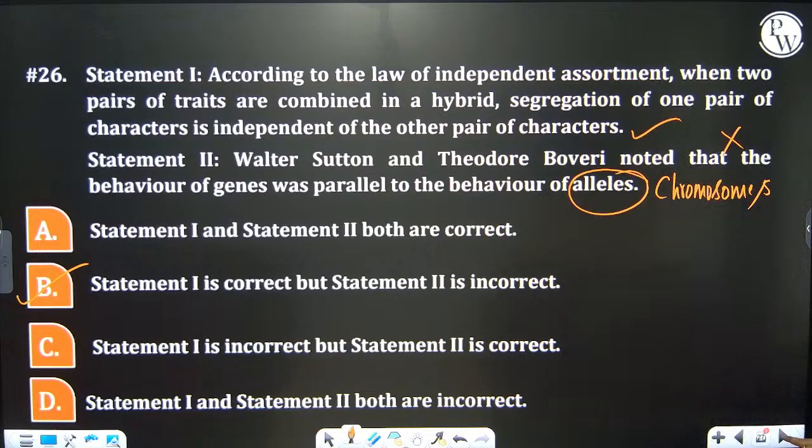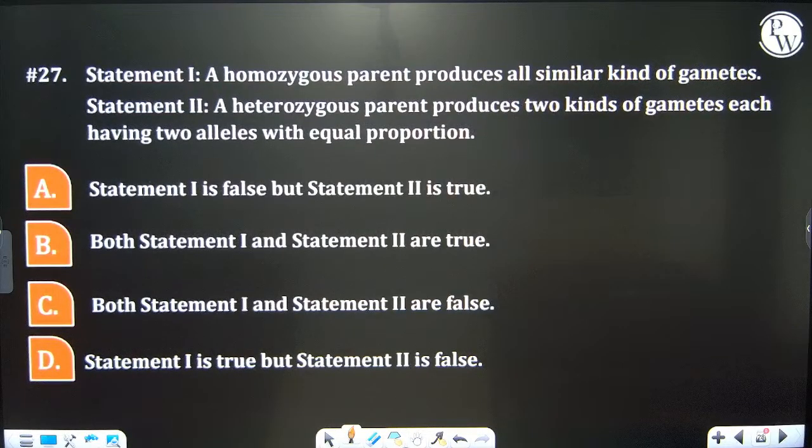Let's see the next question. A homozygous parent produces all similar kinds of gametes.